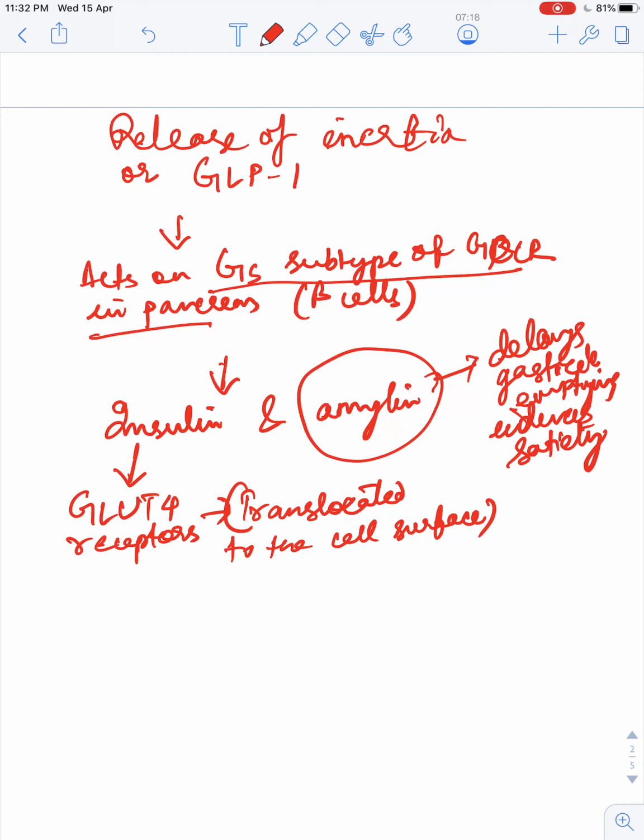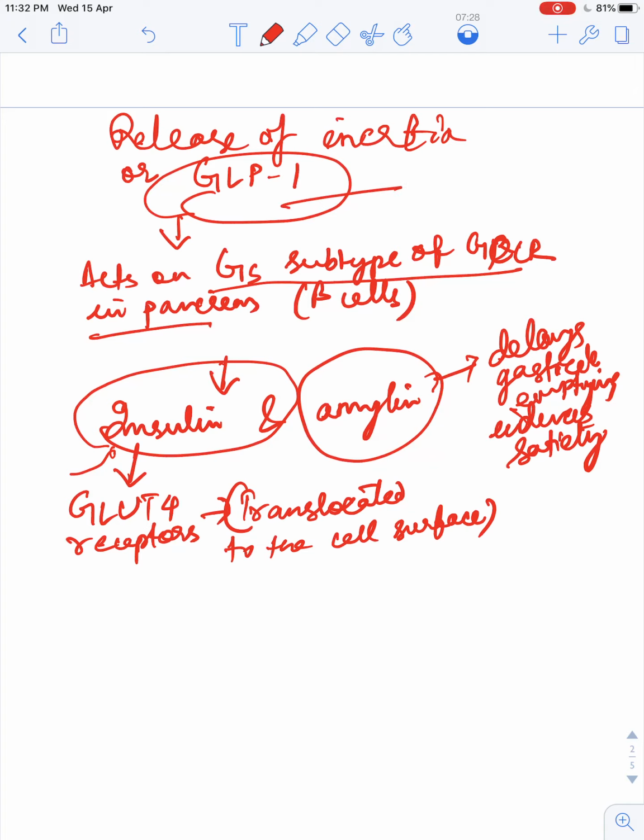Okay, this release of insulin by the action of GLP-1 is short, as the GLP-1 is metabolized by DPP-4. So GLP-1 and amylin prevent the postprandial hyperglycemia.